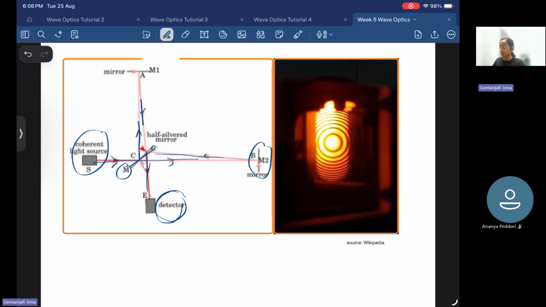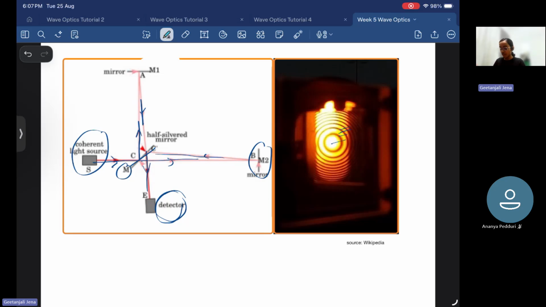On the right side, this is what we see in the experiment: circular alternating bright and dark fringes in the Michelson interferometer, from a sodium lamp source. We have a bright spot at the middle, then a dark ring, then bright, then dark, and this continues.